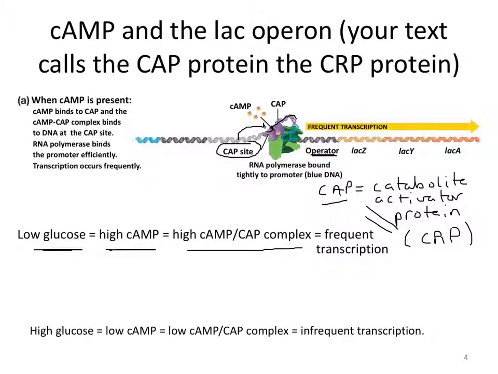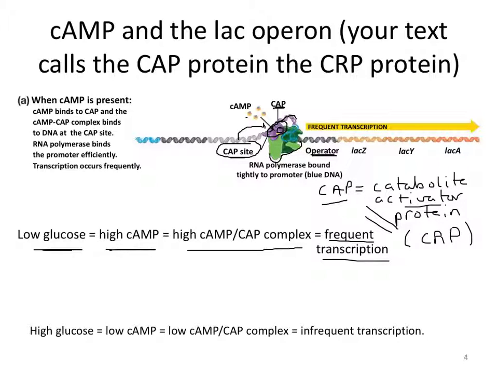And when you have a high CAP-cAMP complex, that's what's shown here, the purple blob with the little orange blob inside of it. The little orange blob is the cAMP molecule, one of which binds to the CAP protein, and together they bind to the CAP site. When you have that happening, you have frequent transcription because this activator protein is helping to tether this green RNA polymerase onto the promoter region.